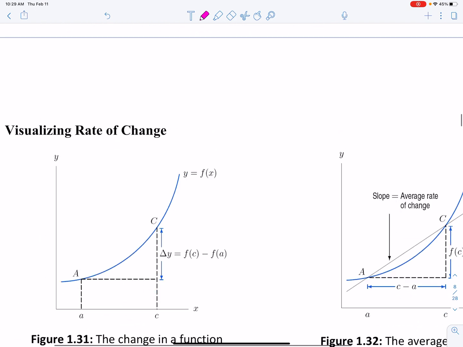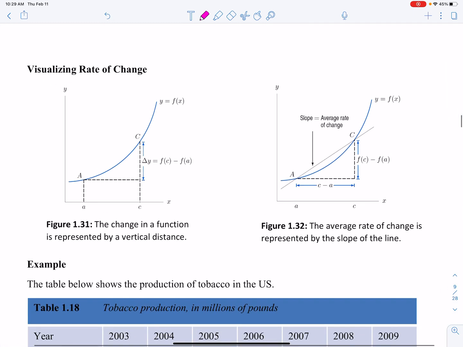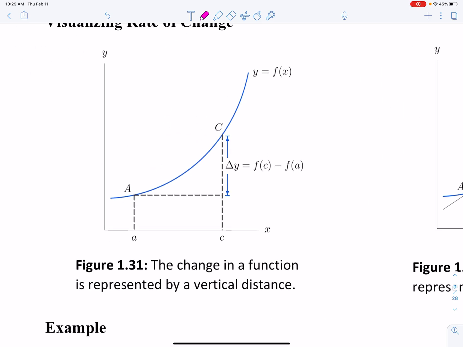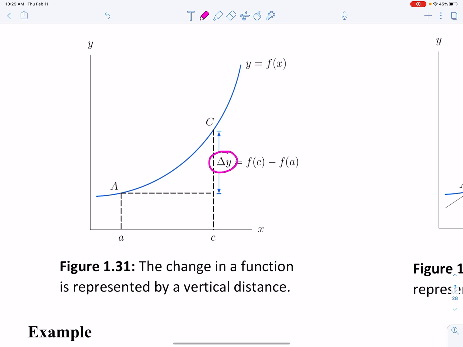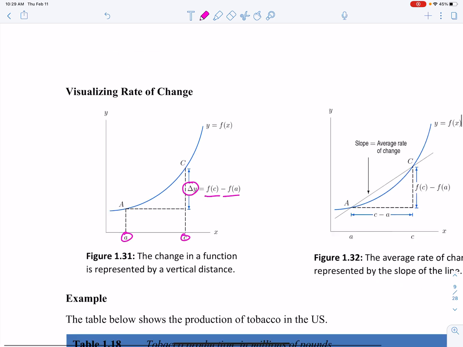All right, so visualizing rate of change. So remember, rate of change just simply means the slope. Okay, so different ways to look at it. All right, so the delta y, remember that means the change in the vertical, right? F of c minus f of a in this case, right? They're saying here's these two x values, a and c. I don't know why they didn't use b, but that's okay. It's f of c minus f of a, delta y, the change in the y values.